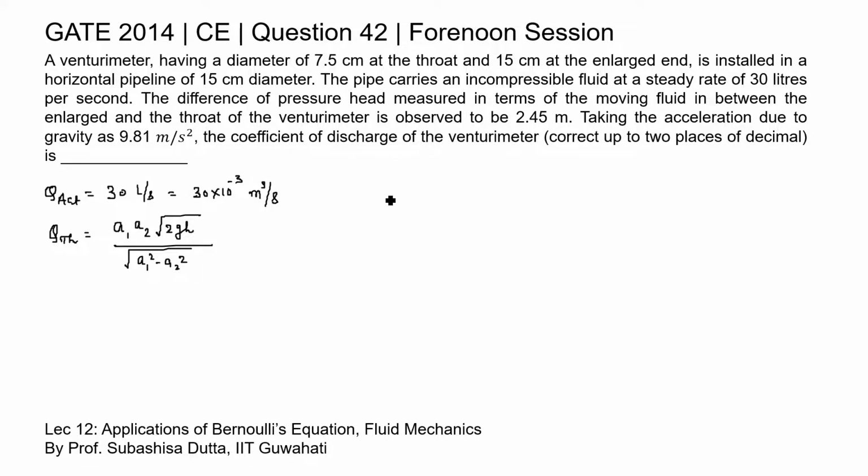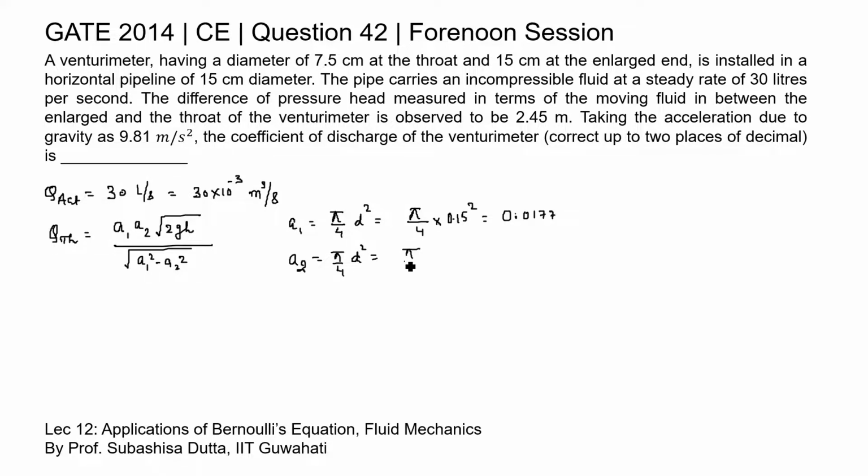So if we calculate A1, A1 equal to pi by 4 into d square. A1 is at enlarged section, so pi by 4 into the diameter at enlarged end, 15 centimeter, so 0.15 square. When we calculate it, we will get A1 as 0.0177.